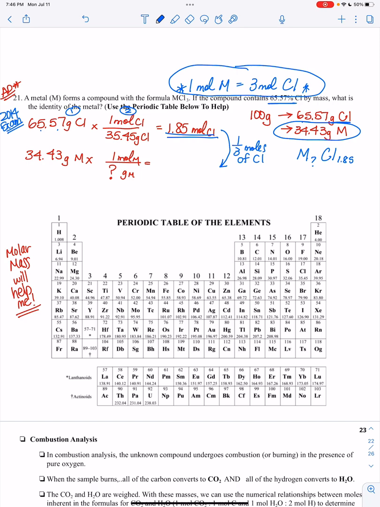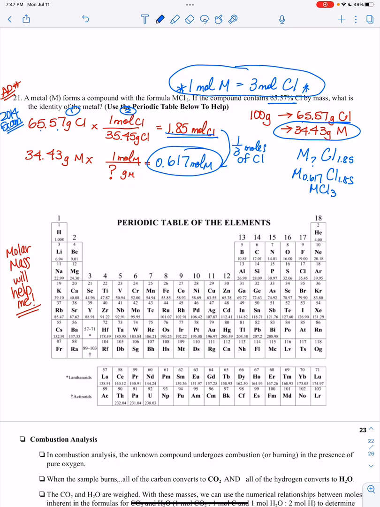I am going to have approximately 1.85 divided by 3. I should get 0.617 moles of this metal. M 0.617, Cl 1.85. This would be MCl3. But how am I going to figure out the identity of this element?